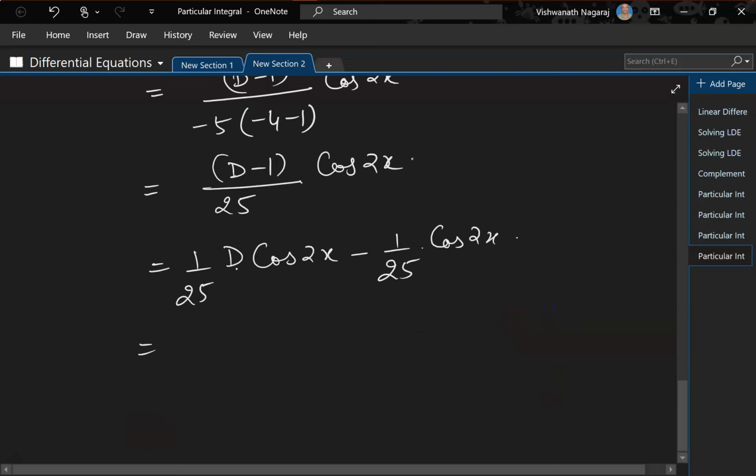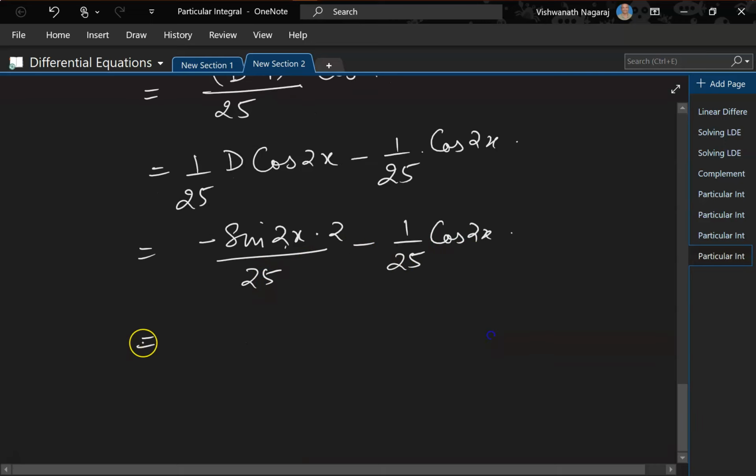Now D is nothing but d/dx, right? So when we differentiate cos 2x, we get −sin 2x times 2/25 − 1/25 cos 2x. Now we can take out 1/25 and the minus sign, so that we are left with −1/25 (2 sin 2x + cos 2x).